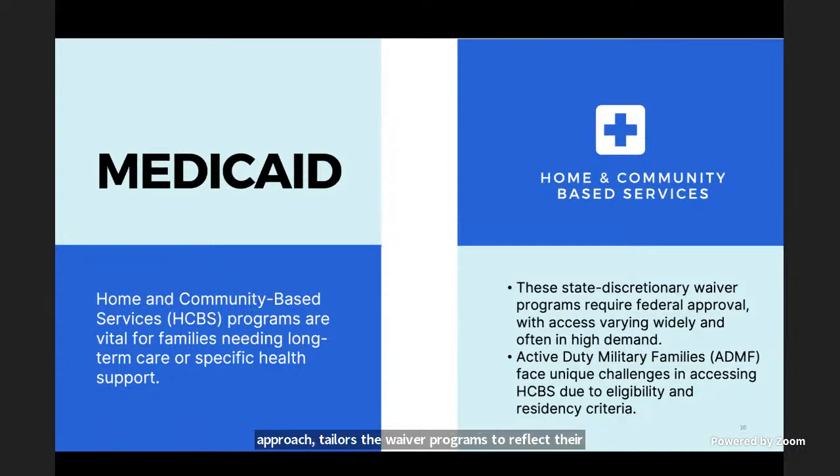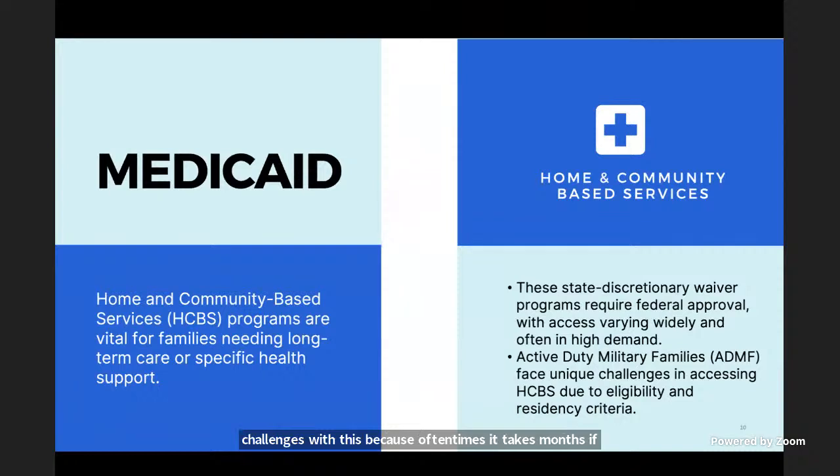These waiver programs have become very important in providing healthcare services and overall benefits for families. However, the demand for these programs has oftentimes outstripped their availability. And military families in particular may face real challenges with this because oftentimes it takes months, if not even years, to get access to some of these programs.